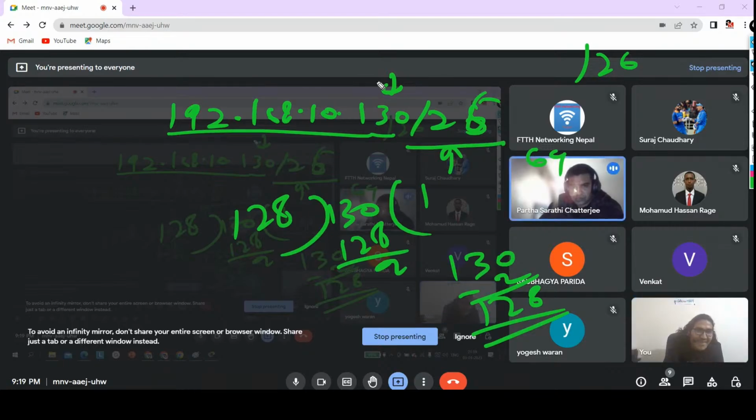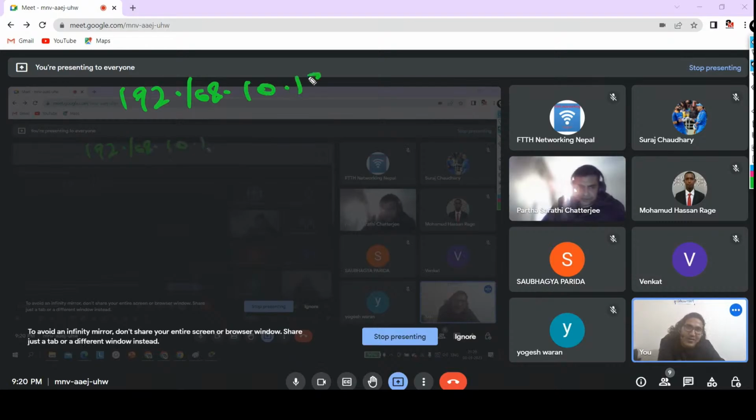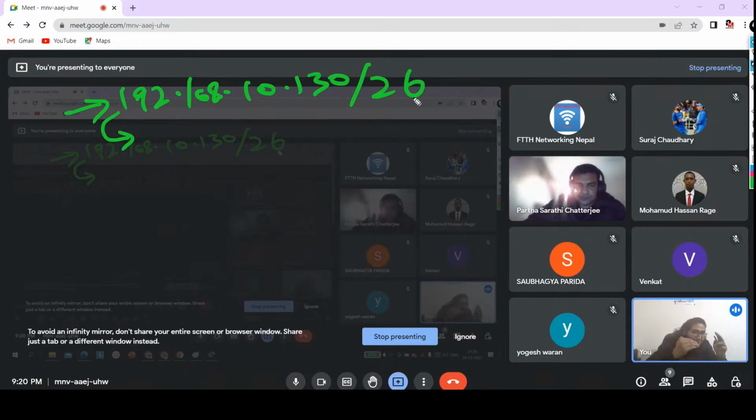I did not get that 64 example. Okay, so see, 192.168.10.130 is a valid IP address and the prefix is /26. If someone asks you the network ID of this IP address, the actual process is to convert it into binary, convert the subnet mask into binary, perform the AND operation, and convert the result into decimal to get the network ID.